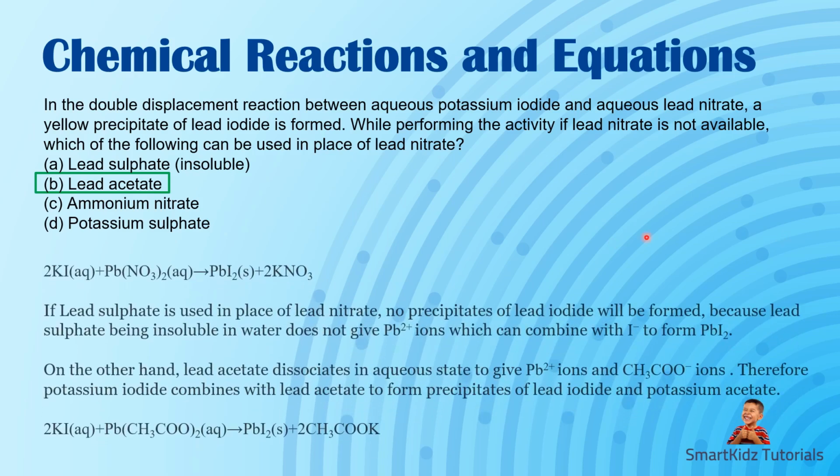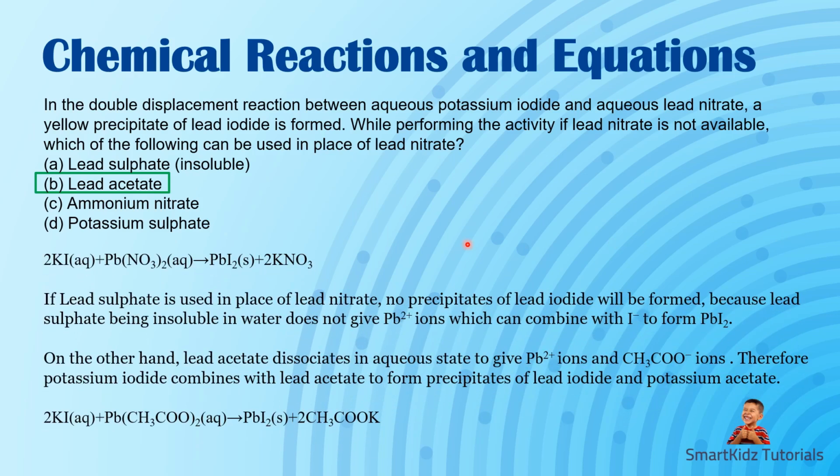Let's have a look. Now to understand what it's saying, we need to know the reaction, so we reduce it from whatever is given here. We are clearly given that this is a double displacement reaction involving potassium iodide in aqueous form, KI, and it involves lead nitrate, Pb(NO3)2, also in aqueous form.